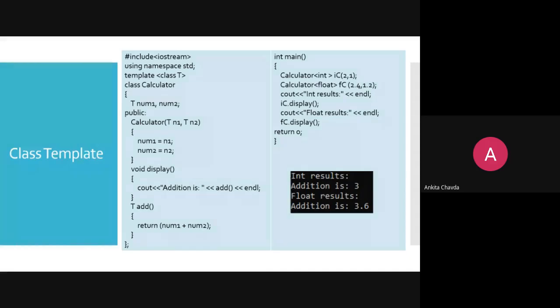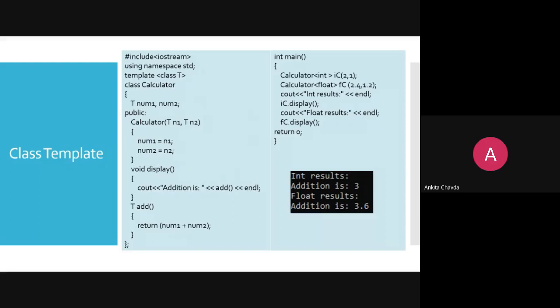Now we are doing this with the class template, so we are not specifying any data type. We have overcome this problem, and you can simply represent it with T. Whatever we give here as integer, all the variables will be integer. If we give float, all the variables and data types will be float.